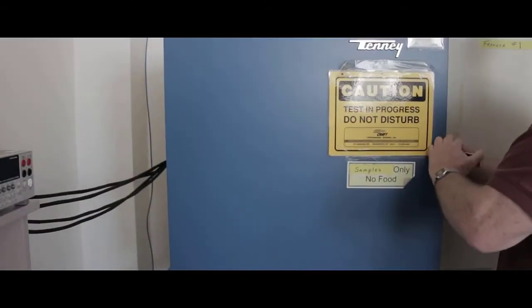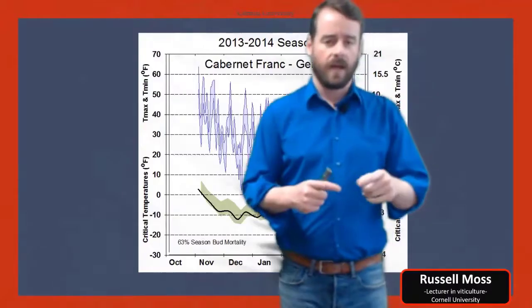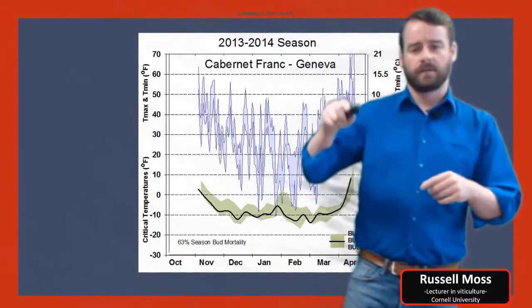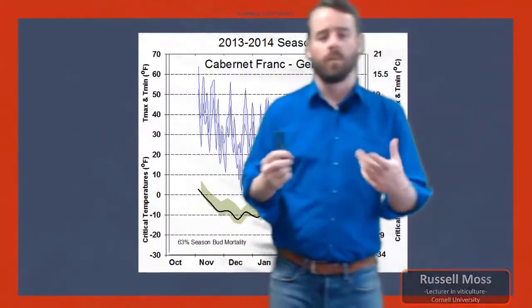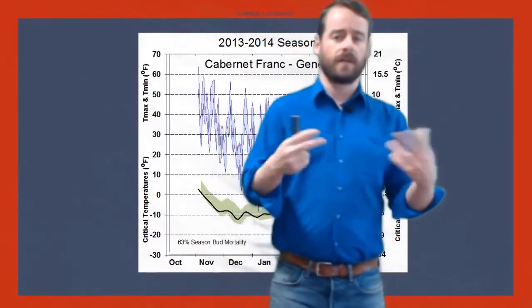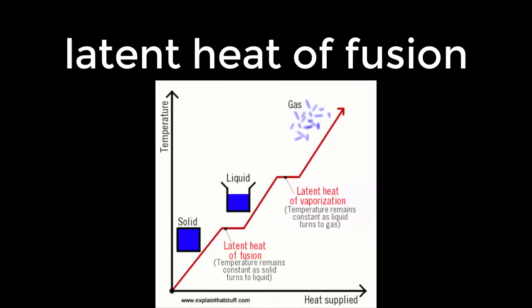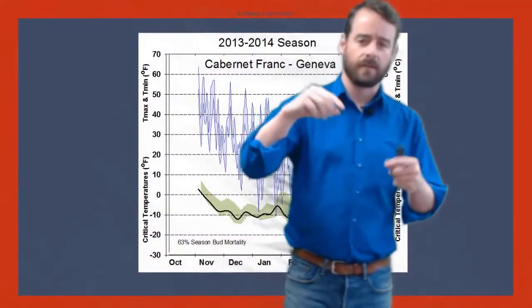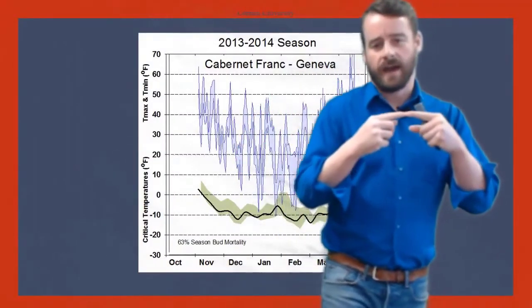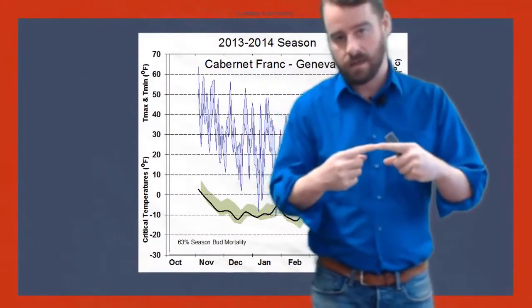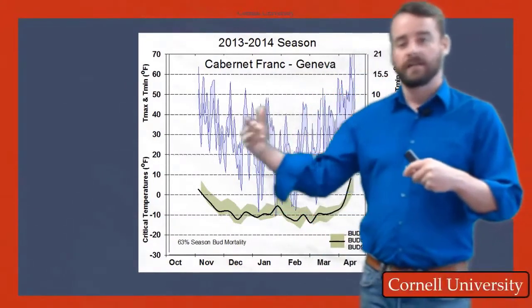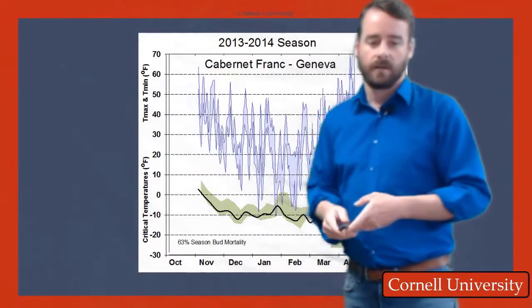They can lower the temperature of that freezer, and then they watch for a little response on the thermocouple, right? When water freezes, it releases a little bit of heat. It's called the latent heat of fusion. So they can see that heat release, and then they know that that bud has been frozen and that bud died. And that's how they create these LTE 10s, LTE 50s, and so on.